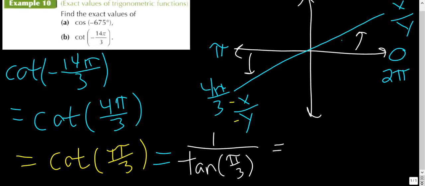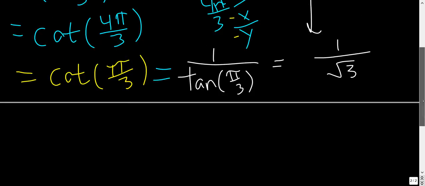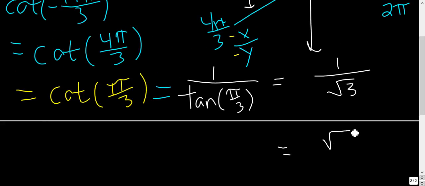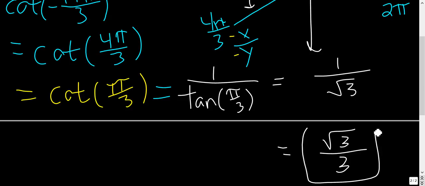The tangent of pi over 3 was the square root of 3. Which we can then rationalize as the square root of 3 over 3. That's what cotangent is. That's the exact value. It's not like 0.5 or 0.6 or something like that. It's just square root of 3 over 3. We can figure out exactly what it is.